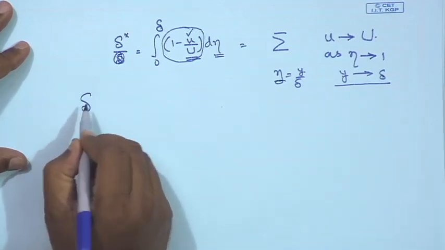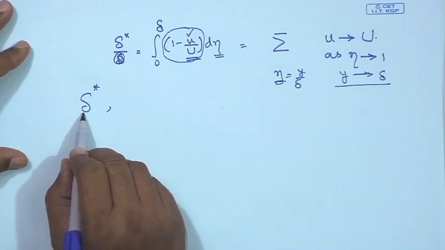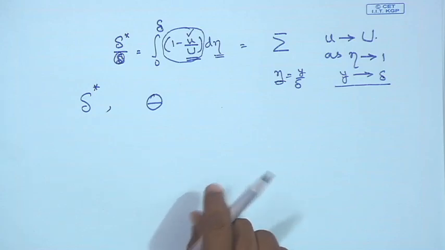So, this has given us the definition of delta star, the displacement thickness, and also theta, which is momentum thickness. Physically, delta star can be thought of like this: when you have a flow over a surface, there is going to be a formation of a boundary layer. Since viscosity is important inside the boundary layer, the flow inside is going to be slower as compared to the flow outside, which does not have any effect of viscosity.